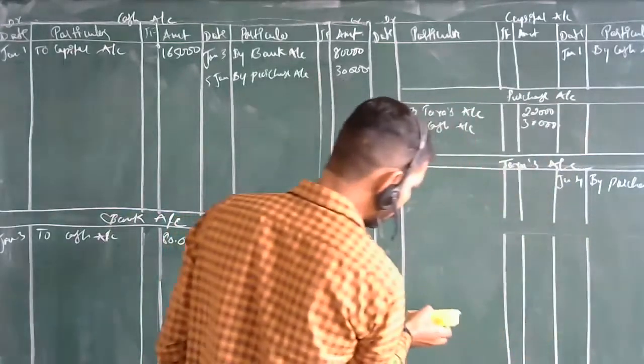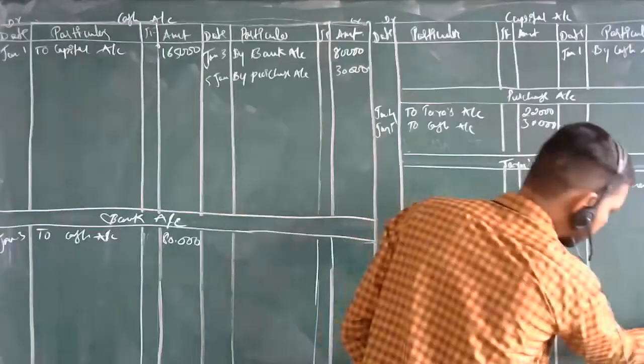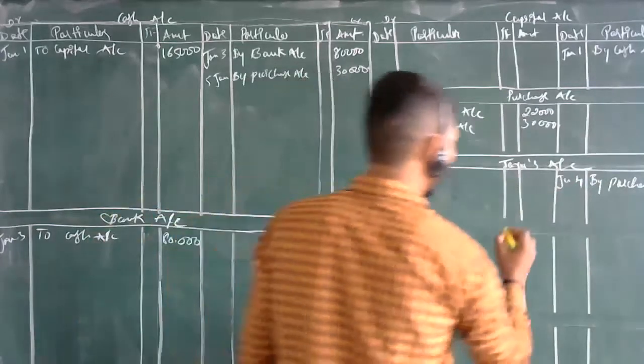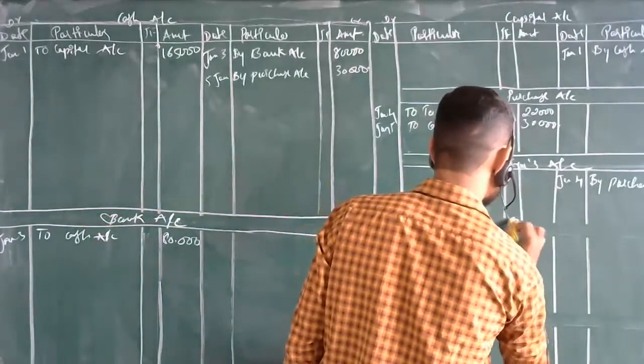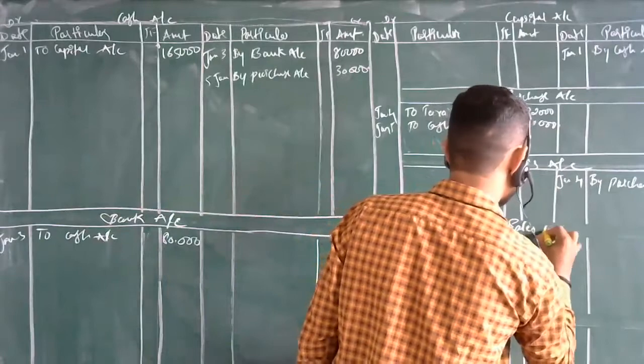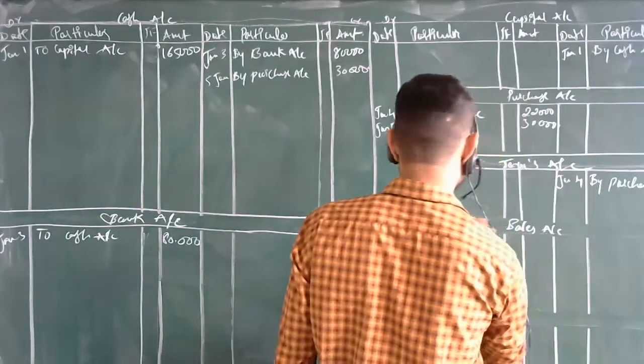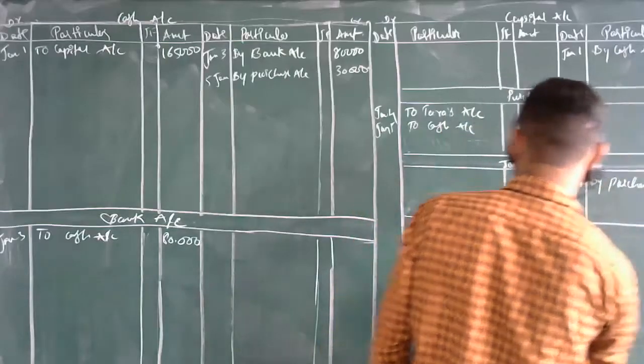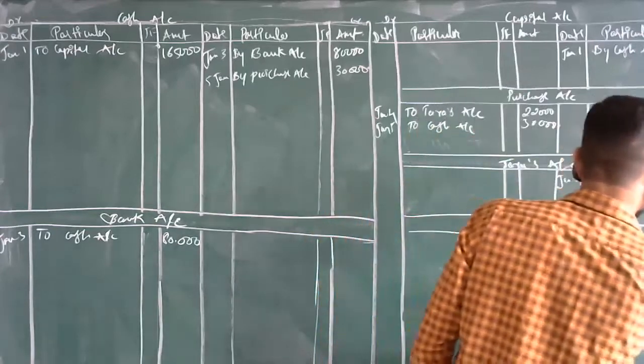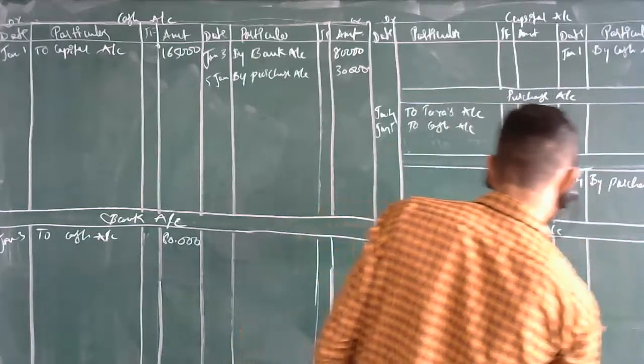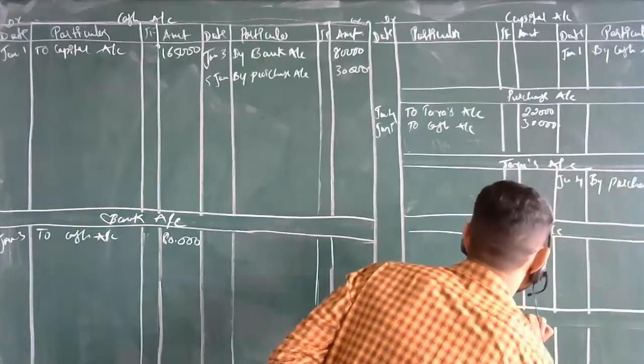Means you are going to open two new accounts here. One is Naman. First I will remove the sales account. Sales account. And another is Naman's.